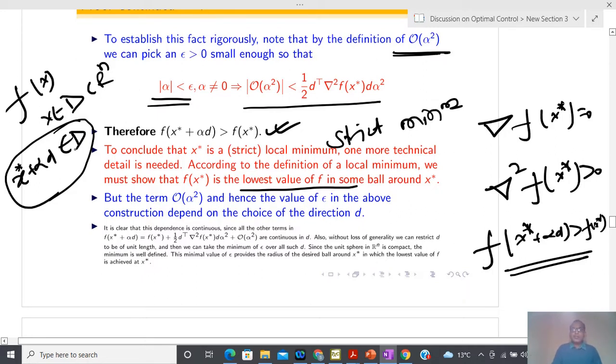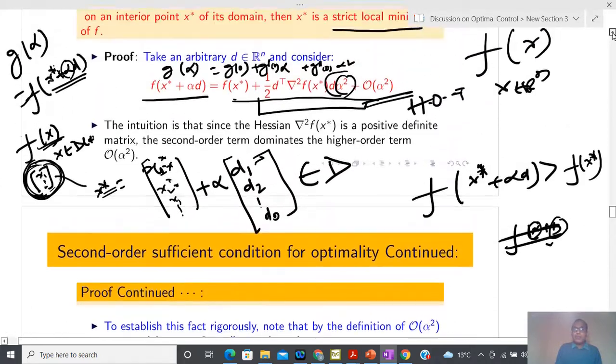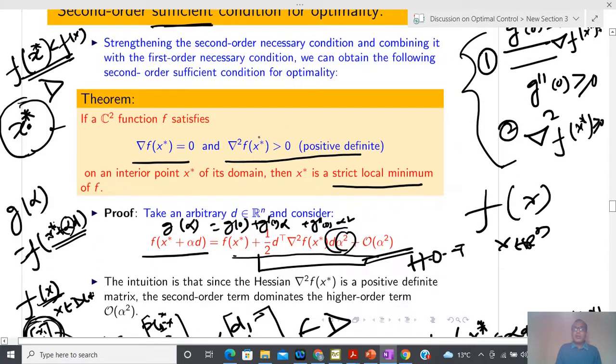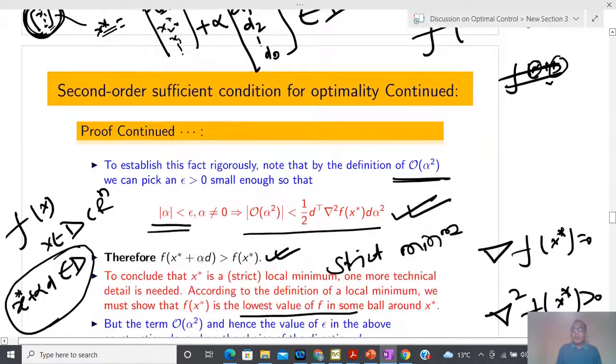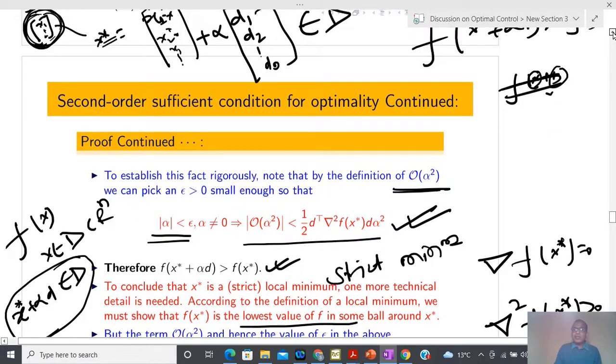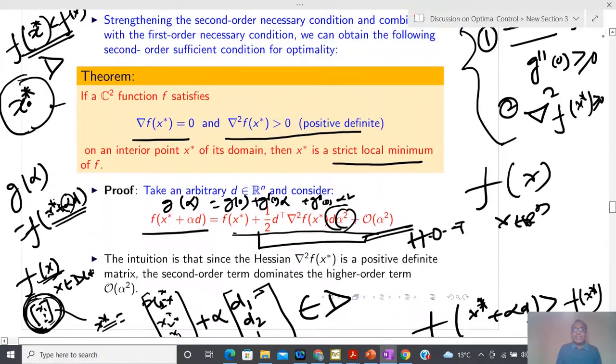Due to that, whenever I talk about these two conditions, I am assuming that this always holds. This is our assumption. This kind of theorem is true only when this assumption is satisfied. You can see that in the theorem, where that assumption is reflected, I have written interior point x* of the domain.